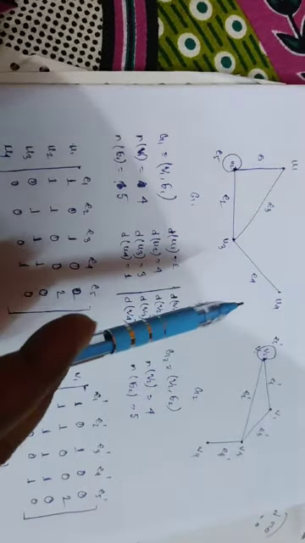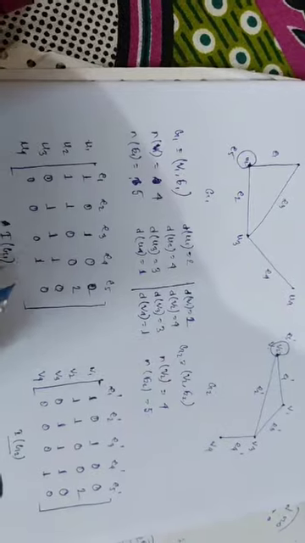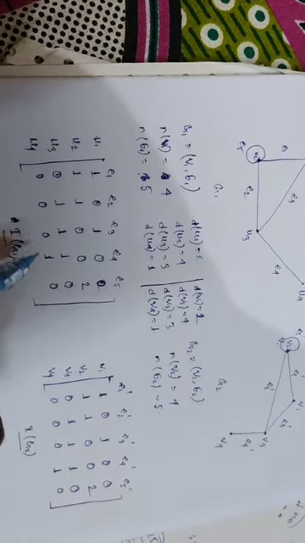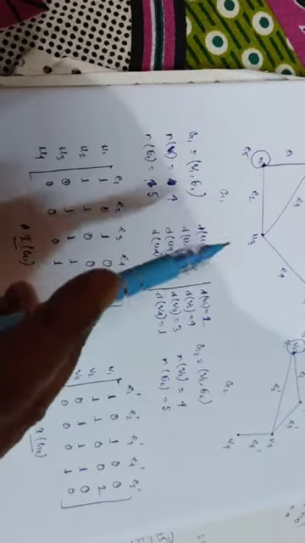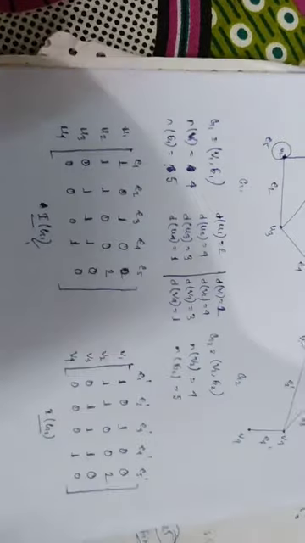And see here U4 that is only connected with the E4, so here we put 1 in place of E4 and the rest place will be 0. So this is the incidence matrix of the graph G1, and we denote it by IG1.